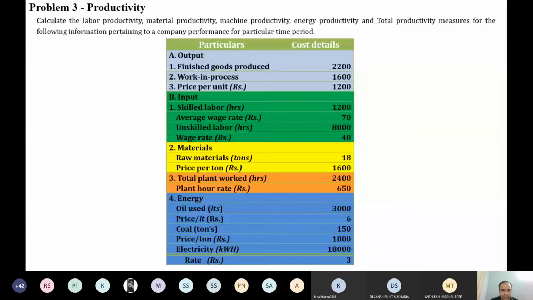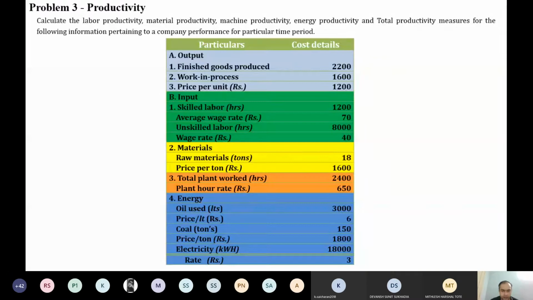Next, we have materials, the one highlighted in yellow here. They have used around 18 tons of raw material, and the cost of 1 ton is given as 1600. I hope you can read the slides. The cost of the material is 1600, and they have used around 18 tons of material. And the plant, the total plant worked hours, that means the machine productivity.